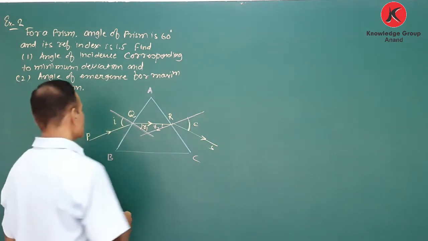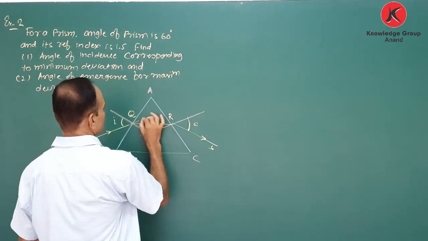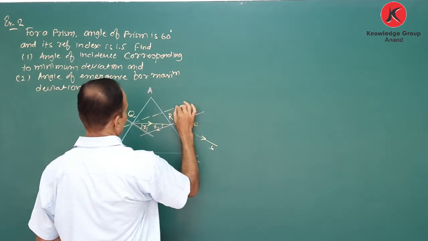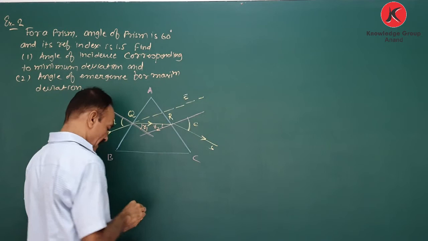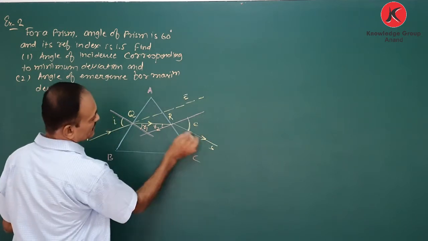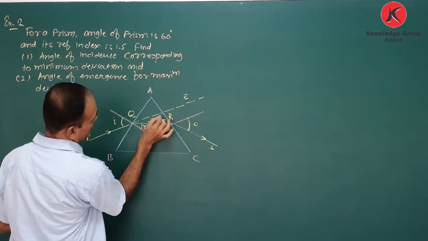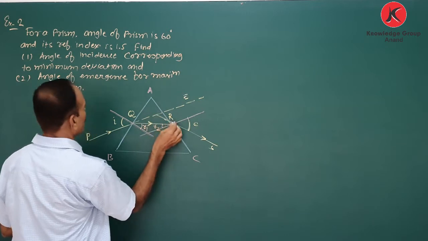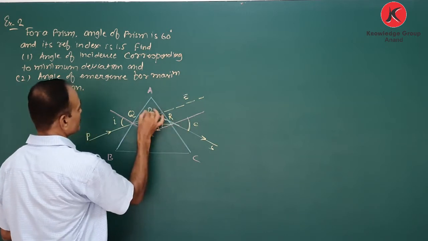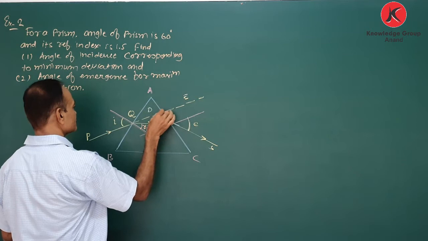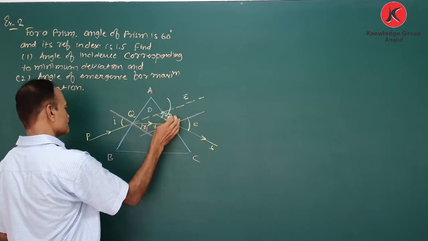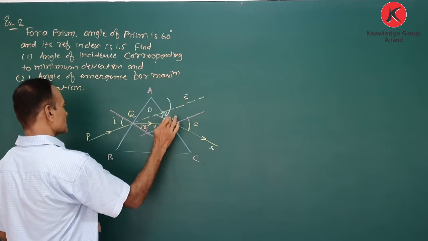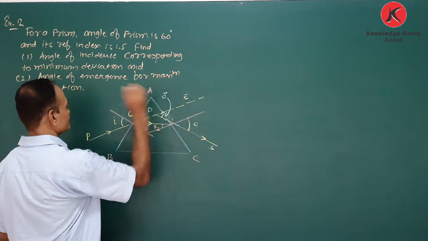Now, if we extend this incident ray in this manner, there is PQ extended, and this emergent ray is extended in the back direction. So both meet at a point, and this angle is delta.